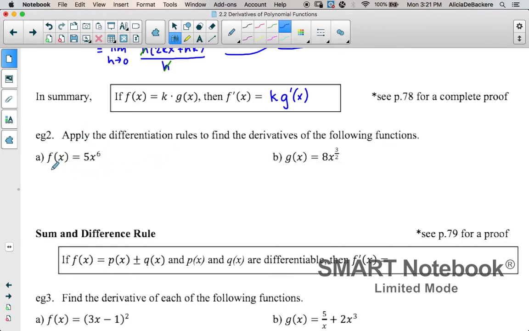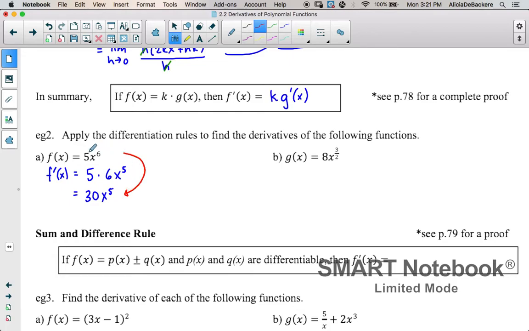So in my first example here, I have a multiplier 5 in front of the function x to the power of 6. So to take the derivative of this, the 5 just hangs out, and then I take the derivative of x to the power 6. Remember, the power rule tells me bring the power out front, and then subtract 1 from the exponent. And then I can simplify this. I get 30x to the power of 5. Now, normally, once you start practicing, you're going to skip right to here.